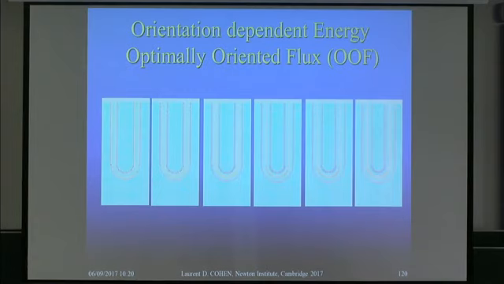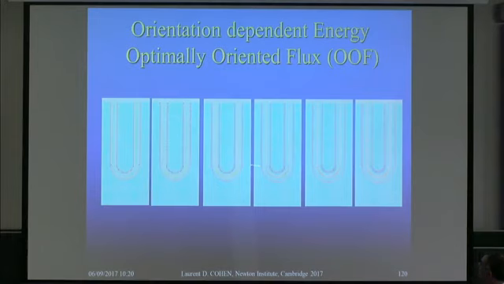For example, based on the Hessian matrix, where we take the eigenvalues and eigenvectors of the Hessian matrix, or what is called optimally oriented flux, which is another way to find locally the best orientation if the image has a preferred orientation.